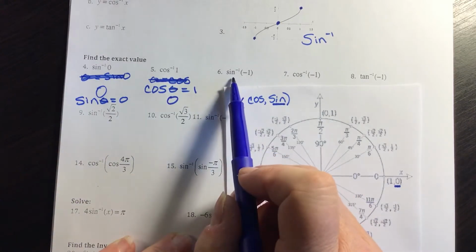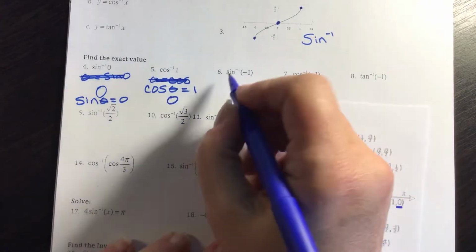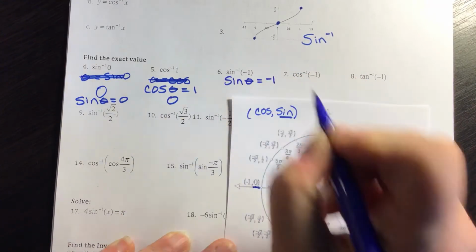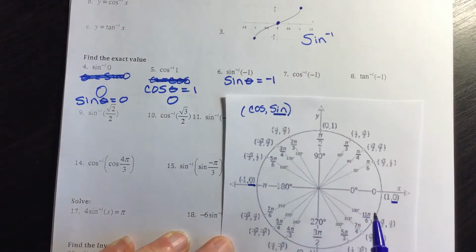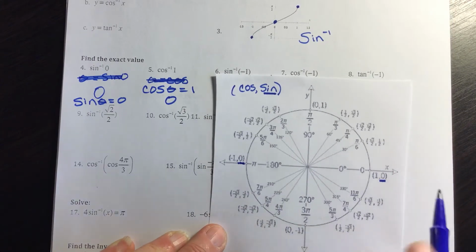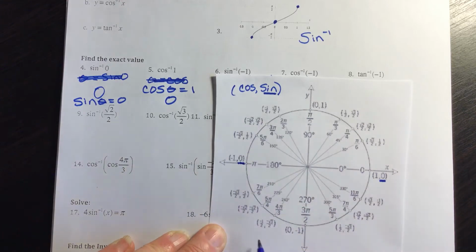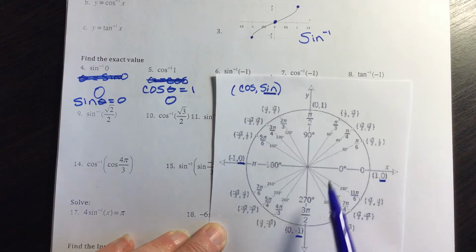How about a sine of -1? So sine of what angle is -1? So I'm looking for the angle. The sine is the second number, and to have a -1 in that second number, I'm going to look at this angle. This angle is 3 pi/2. But remember, I'm looking for sine values in the restricted domain.